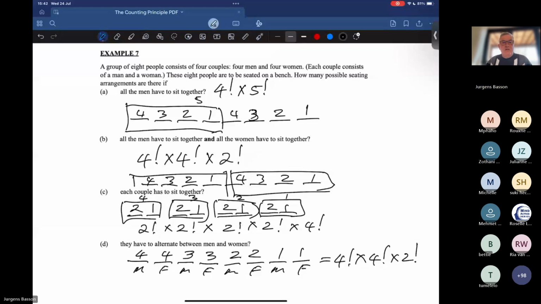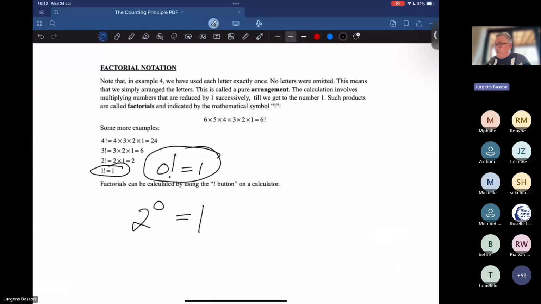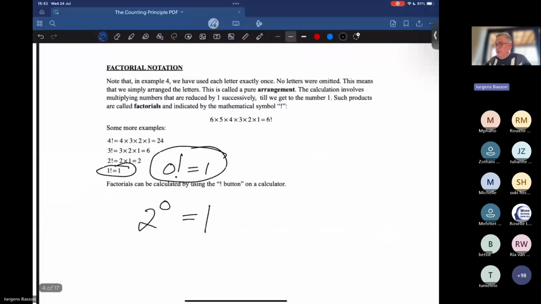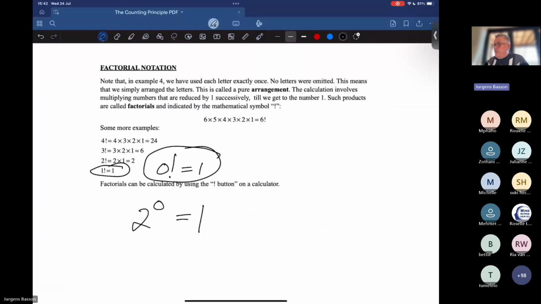Just to mention something here, sometimes in these questions, they say to you 4 men and 3 women. Now, when you have 4 men and 3 women, I just quickly write it for you. If I can just do it maybe here.